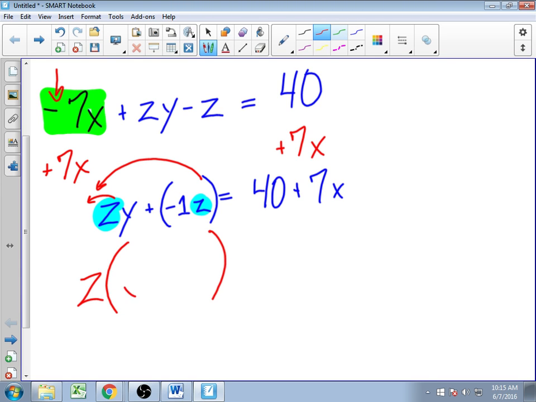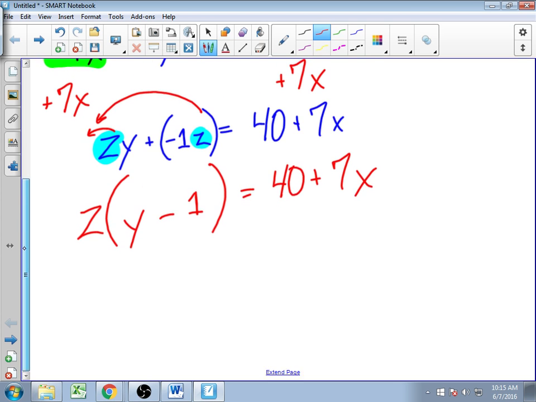Y. What would z have to multiply by to get negative 1z? Well, a minus 1. I could write that minus 1, or I could write it plus a negative 1. It doesn't matter, and it doesn't change anything. But for simplicity, I'm going to write it minus 1. That still equals what you had on the right-hand side because nothing changed on the right-hand side.